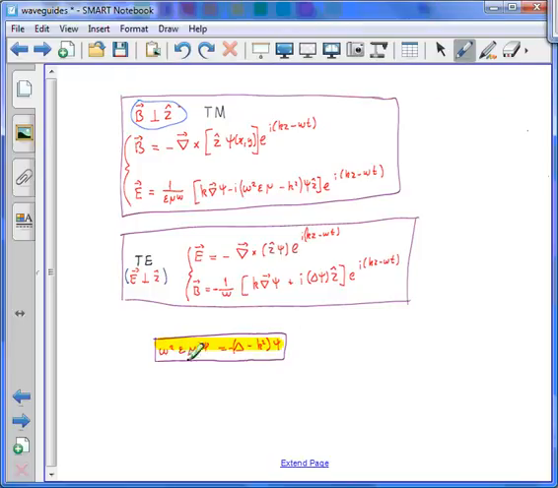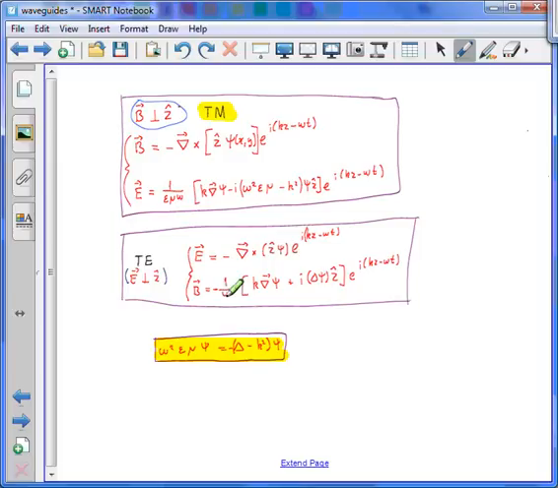We need to find a function psi of x and y, which is a solution of this differential equation. And then for the TM case, we can write B as the curl of Z times psi of x and y, times exponential of ikz. And for the TE case, we write E is equal to the curl of Z times psi times exponential ikz, and then E is this, and then B is this in the TE case.